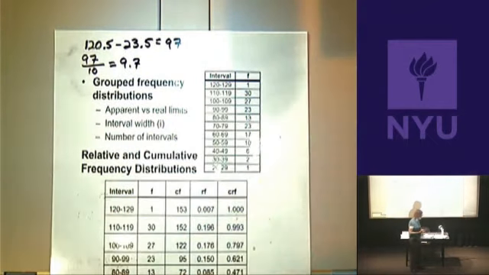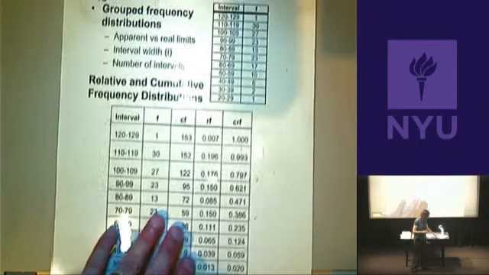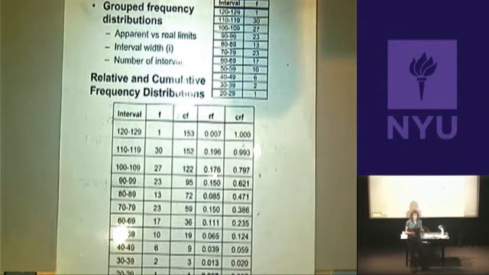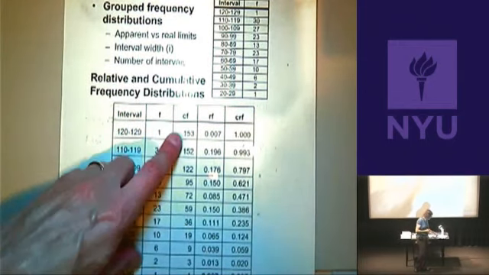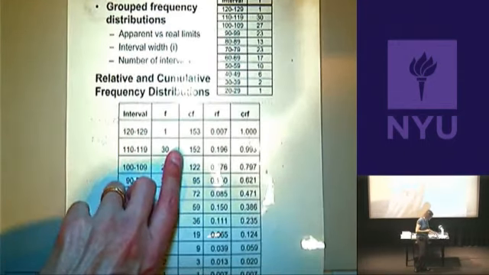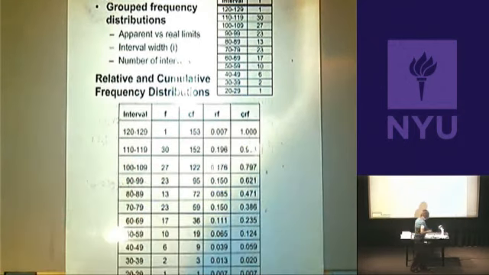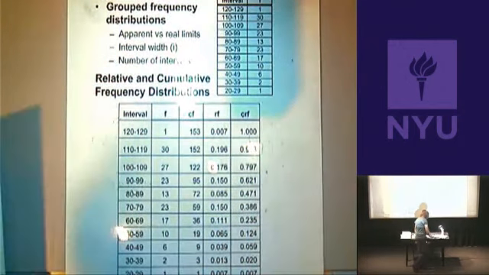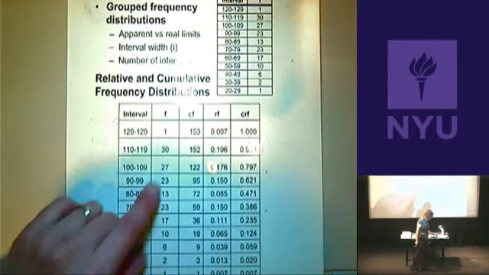And you could do the same thing as we did with the simple frequency distributions. We have the cumulative frequency, the relative frequency, and the cumulative relative frequency. And they're all doing the same thing. And again, this is the problem you were talking about. You had 30 kids scoring between 110 and 119.